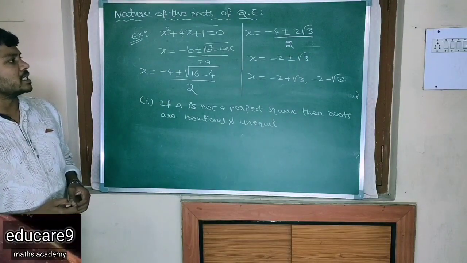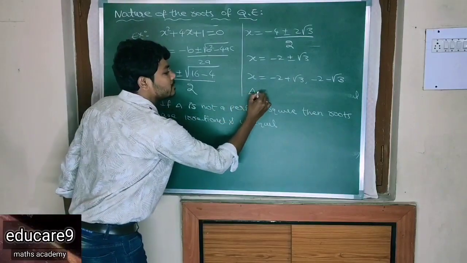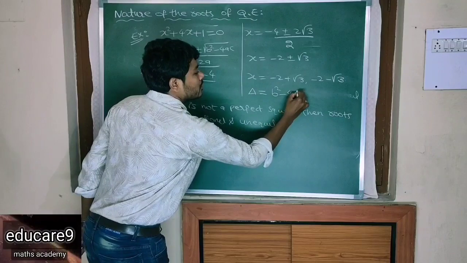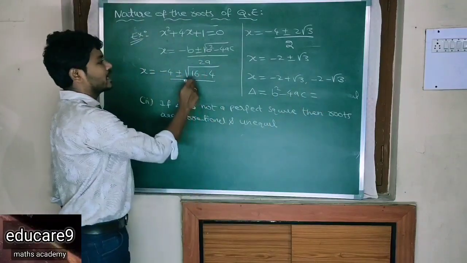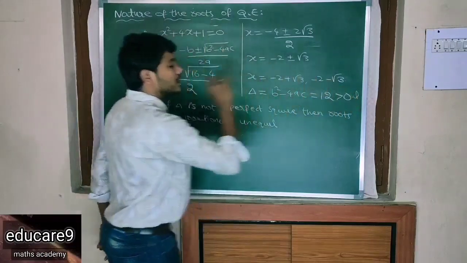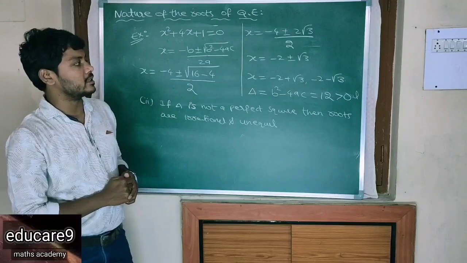See here, what is delta? Delta is b square minus 4ac. So you got 16 minus 4, that is 12. So here delta is greater than 0. In that case, roots are real and distinct.